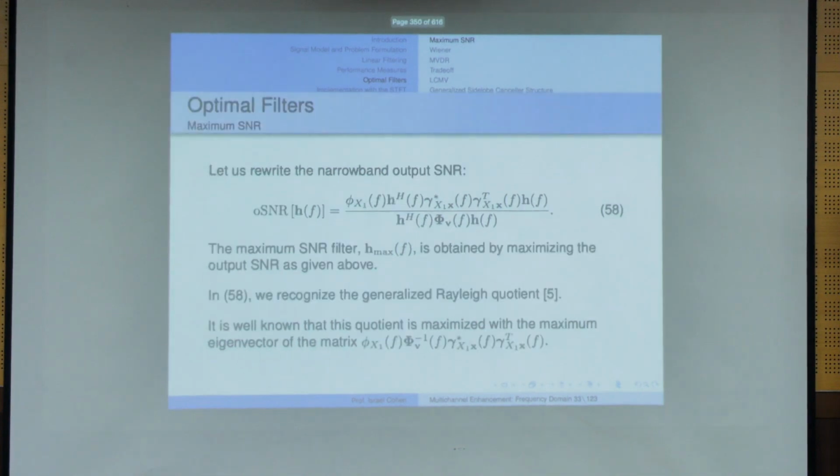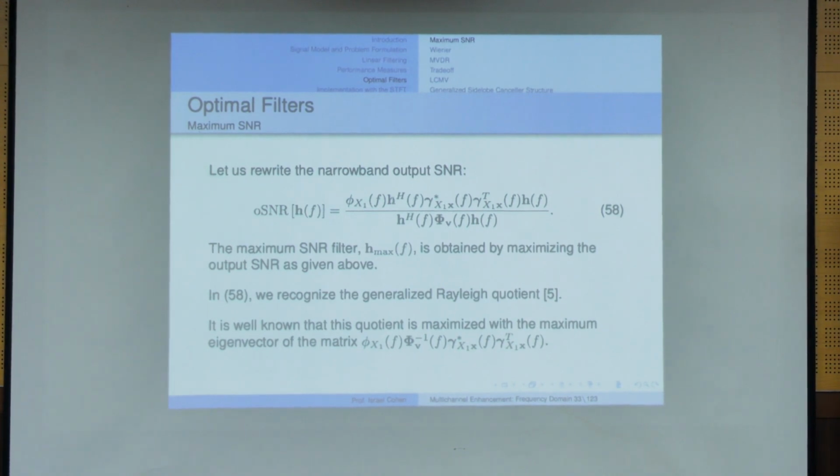You see here, if I take a filter H, a vector for each frequency, and if I put here, again, a certain scalar value, and I multiply the filter for each frequency with a scalar complex value, okay? So you see that it cancels out in the numerator by the denominator, okay?